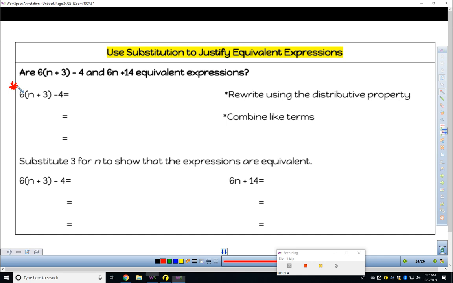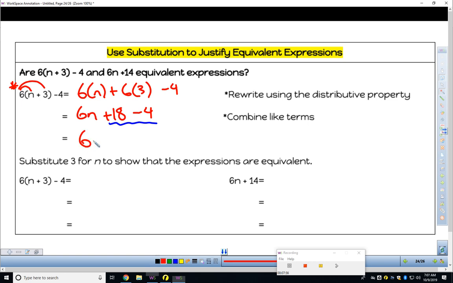If you'd like to follow along, that's okay too. The first thing we need to do is distribute this 6 out, so that it would be 6 times n plus 6 times 3, and then we'd still have our minus 4. So this would end up being 6n plus 18 minus 4. Then because both of these pieces don't have a variable, we can simplify that into 6n plus 14. And it looks like they might be equivalent.